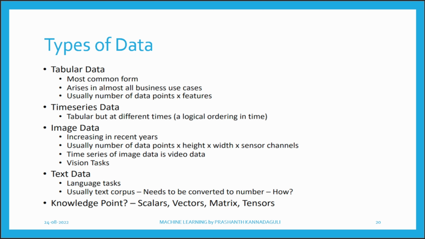As of now, you can think it is similar to matrix. Tensors is something new maybe for you, don't worry about that. Scalars, vector, matrix, you know, so data can be represented in any of these formats. That is the overall idea we need to understand now.